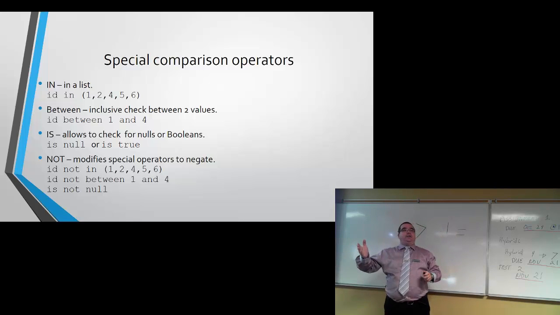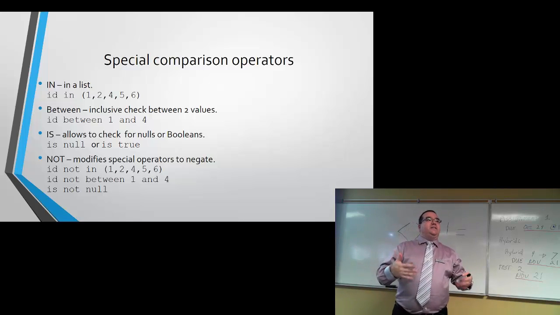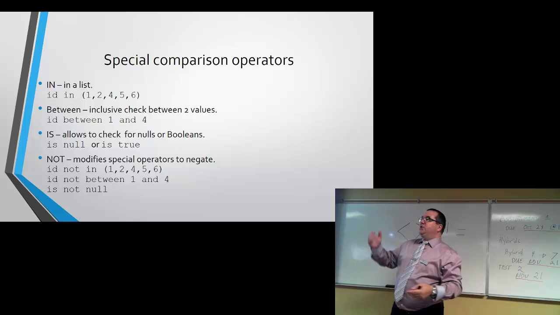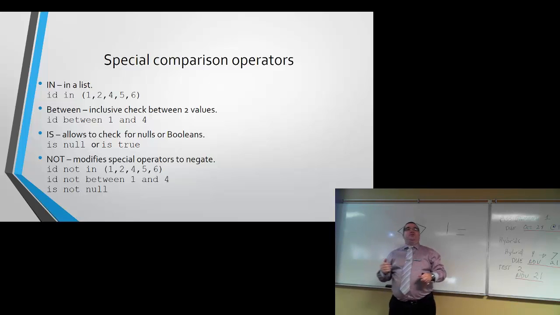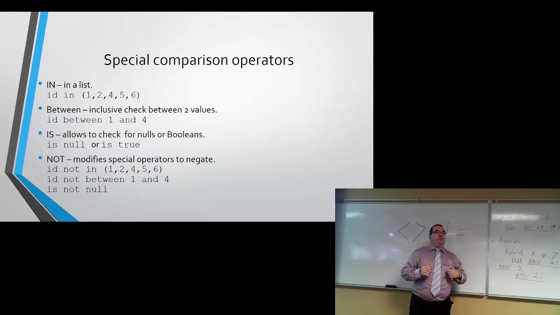Either it is or it is not. Therefore you can say, is null, is not null. So you can check to see if a field is null, empty, by doing an is. You can also check to see if something is true or is not true.